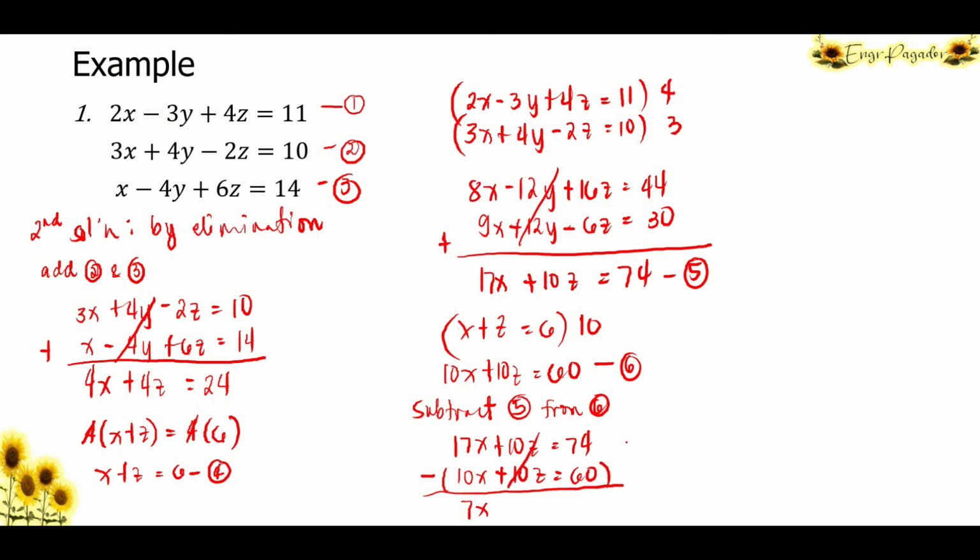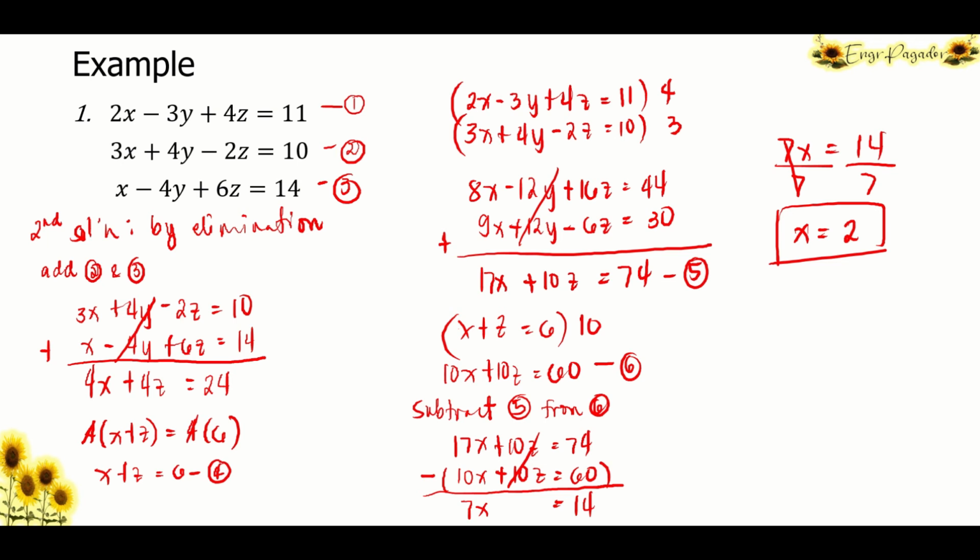And 74 minus 60 is equal to 14. So, if we rewrite this, 7x is equal to 14. Since we only want the value of x, we should divide both sides by 7. So, the value of x will be equal to 2.